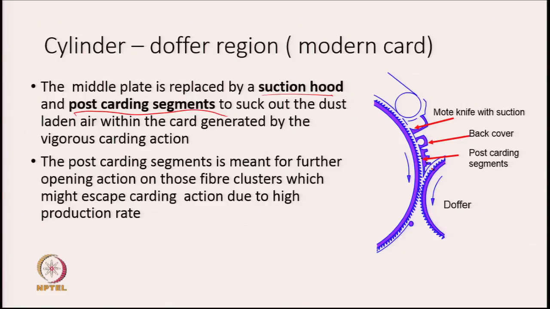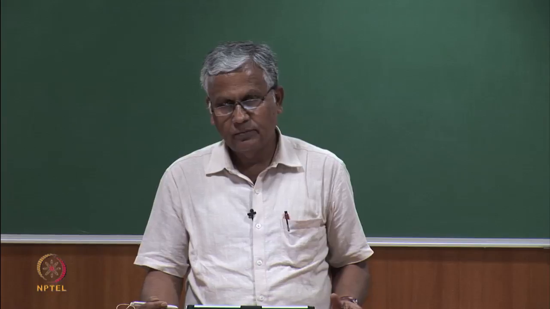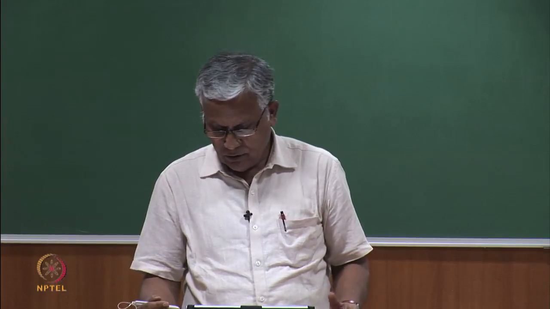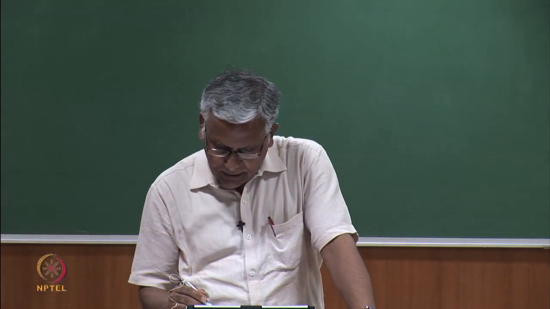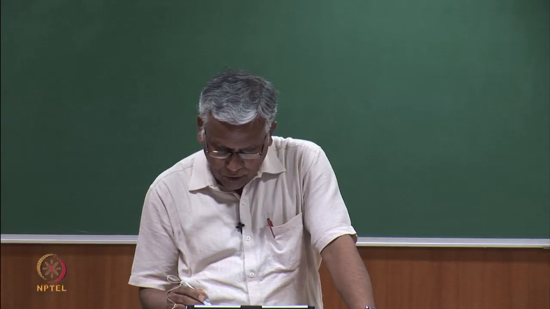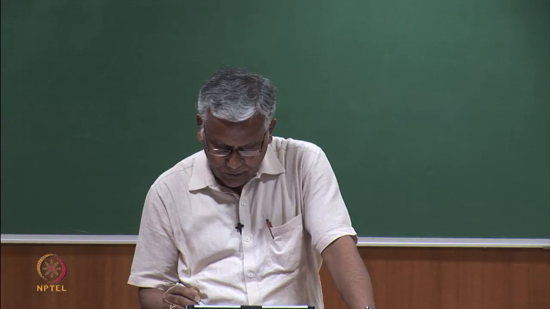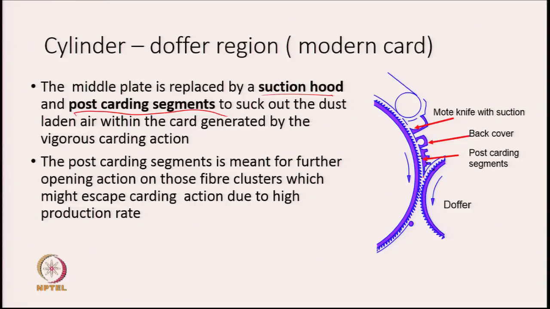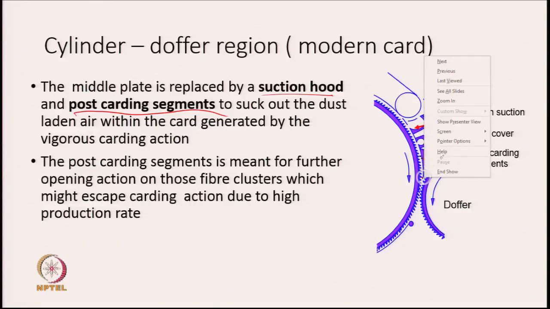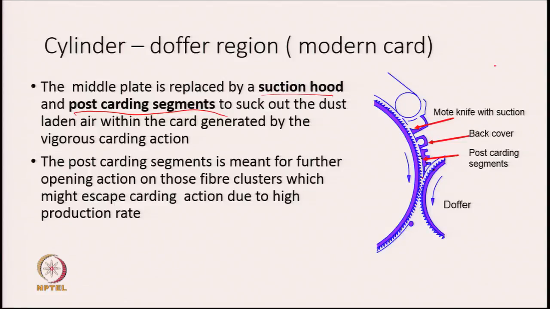So, in the high production cards or modern cards, since opening by the flats may not be sufficient, part of this zone, starting from the flat to the Dhafir, is used to do 2 things.